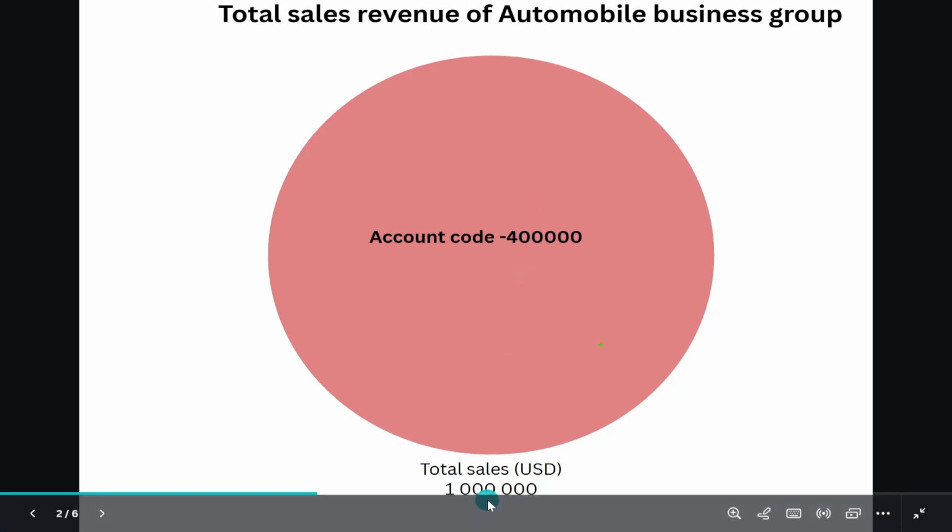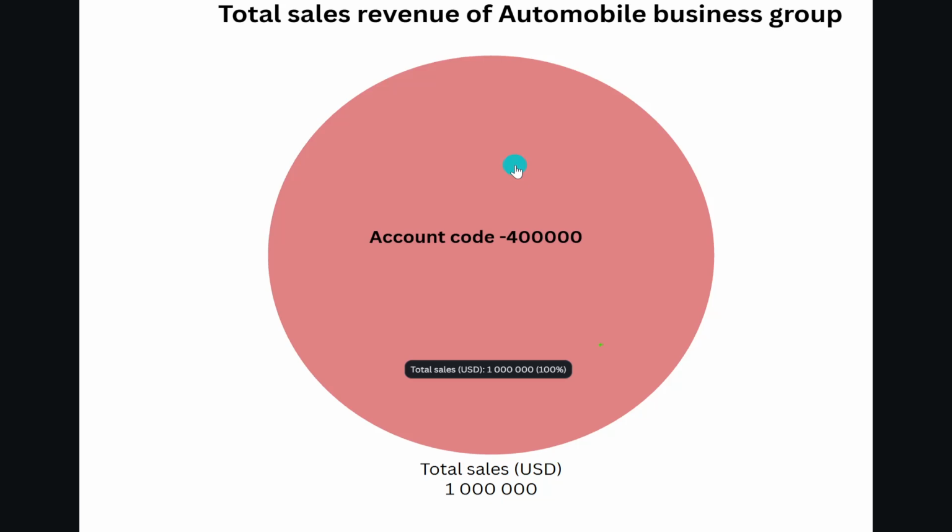It is 1 million US dollars as sales revenue for the entire group. And I used a general ledger account code 4000. This is a summary account code which I'm using.